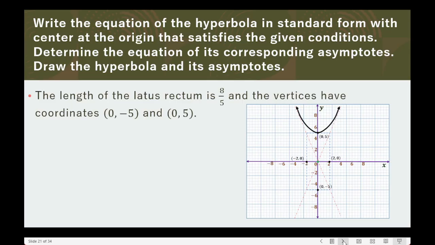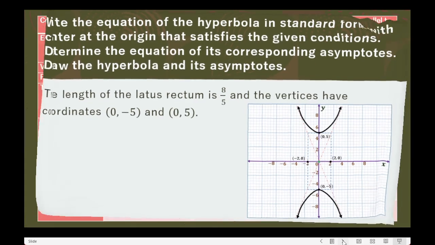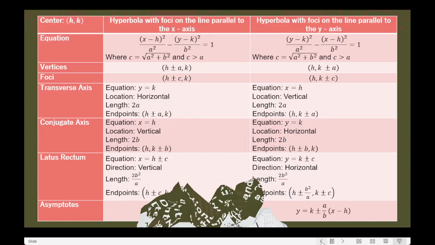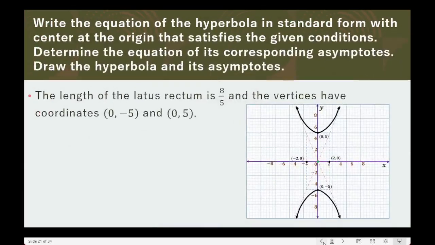Same thing like this, and on the lower portion, we have this half of the hyperbola. So this is the graph. That is how we trace the graph of any hyperbola whose center is at the point of origin.